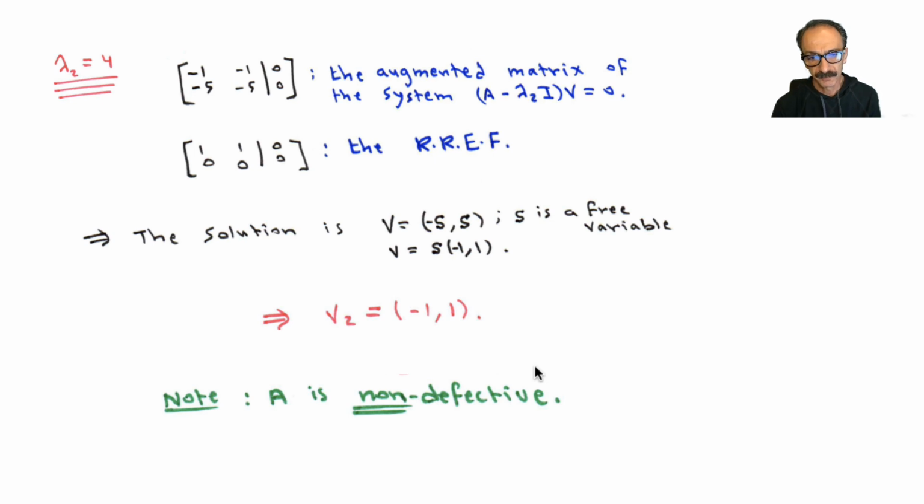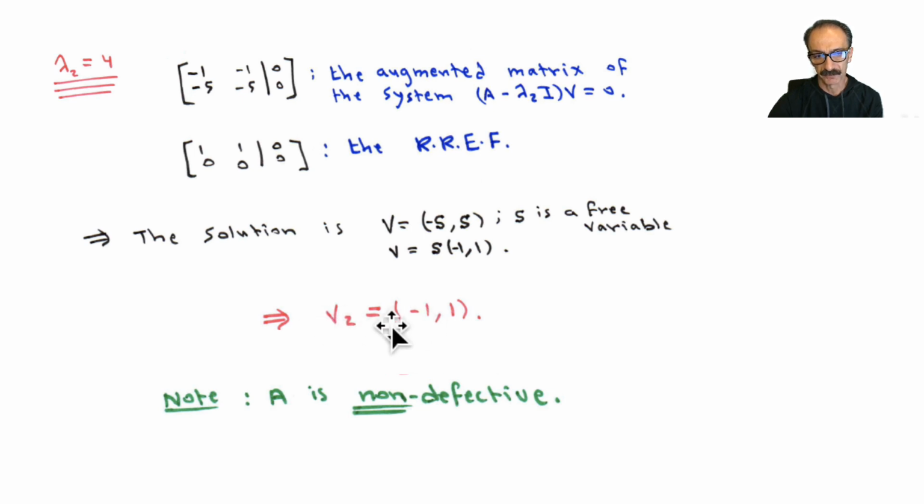Note, A is called non-defective. Why is that? If you remember the matrix A, it was a 2 by 2. So we call n equals 2. Since we have n equals 2, we should expect or look for two vectors. We found v1 and v2.